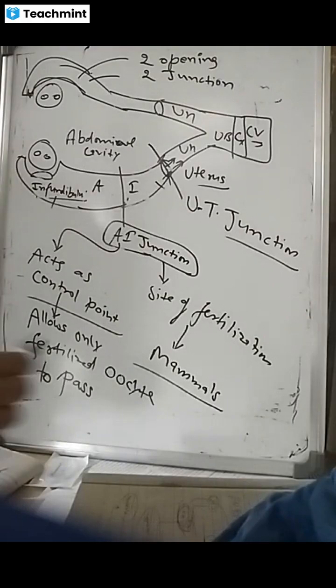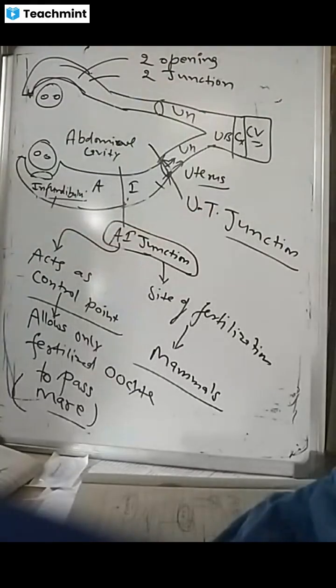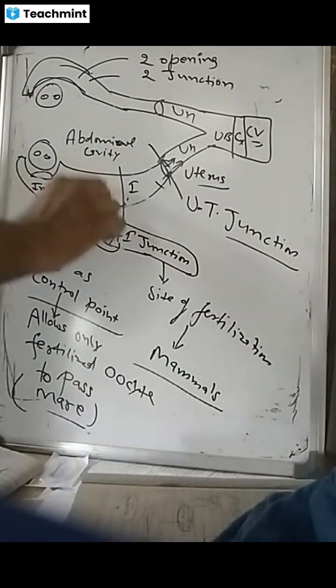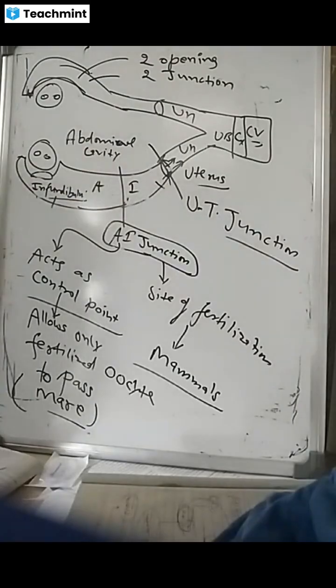In case of mare, unfertilized oocytes will not pass toward the uterus; at this point, after one to two months they will be absorbed by the oviduct.